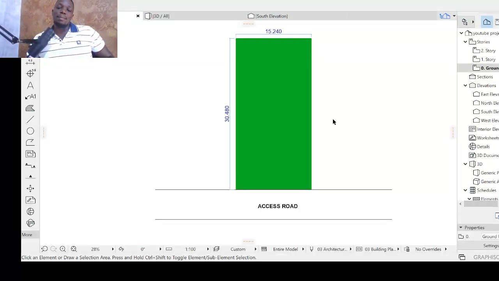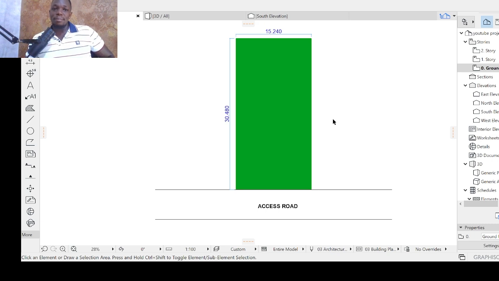Now, there is something called percentage coverage. If you have a pen and paper, you can write down these things. And what is percentage coverage?